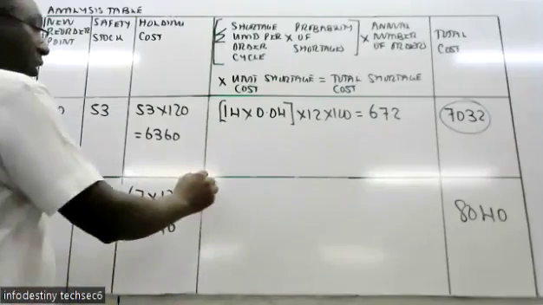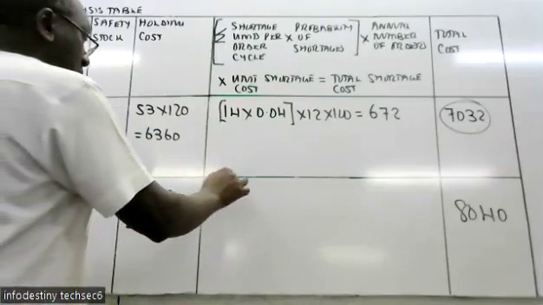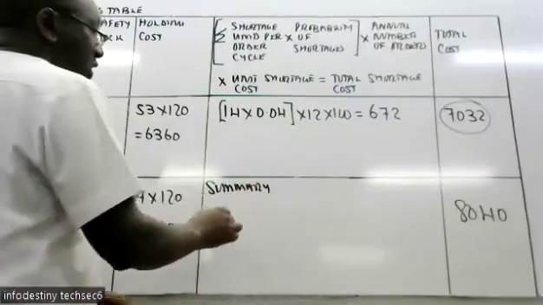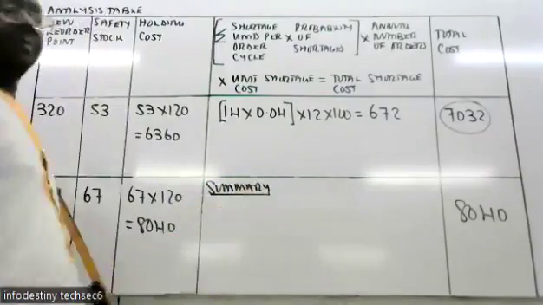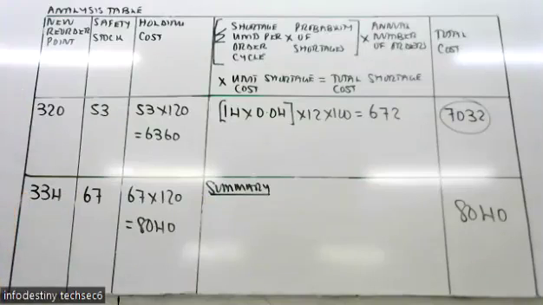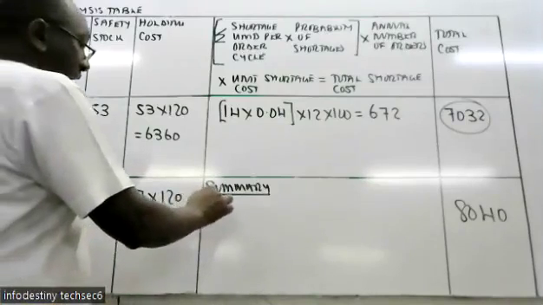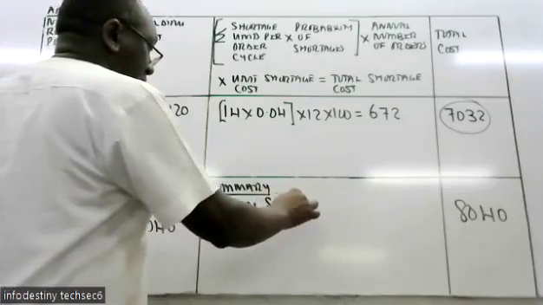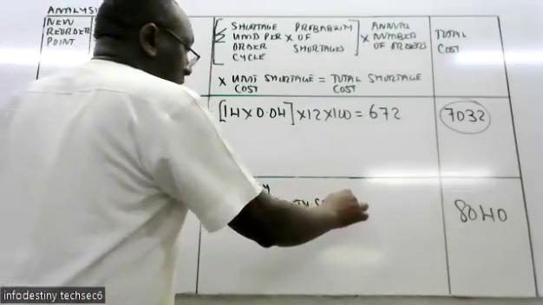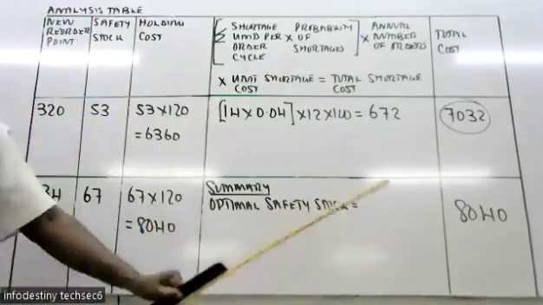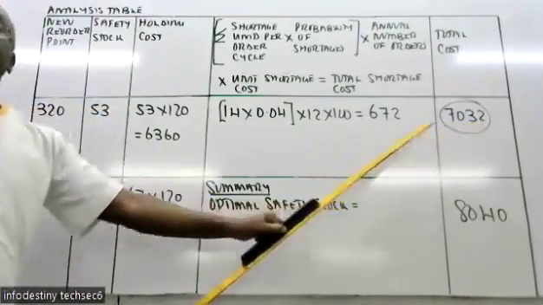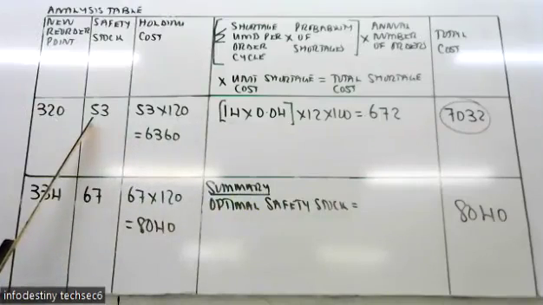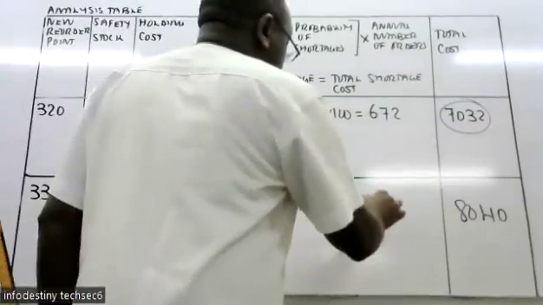Summary or the solution, call it summary, or you can call it the solution, whichever you prefer. And that now is supposed to contain 3 things. One, you should tell us optimal number of units or optimal safety stock. Mahali umepata hiyo 7032, ukikibia this side, it is corresponding to how many units of safety? 53.